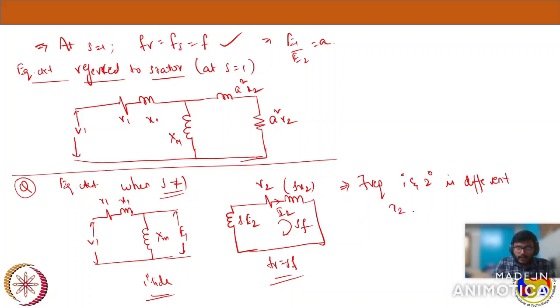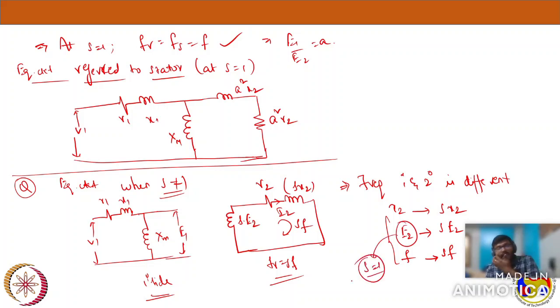Now my X2 will become SX2 and E2 will become SE2 because my frequency became SF. This E2 is at S equal to 1, that is the standstill condition. Now it's not a standstill anymore. Now my rotor is rotating with some speed, that's why slip came into the picture.